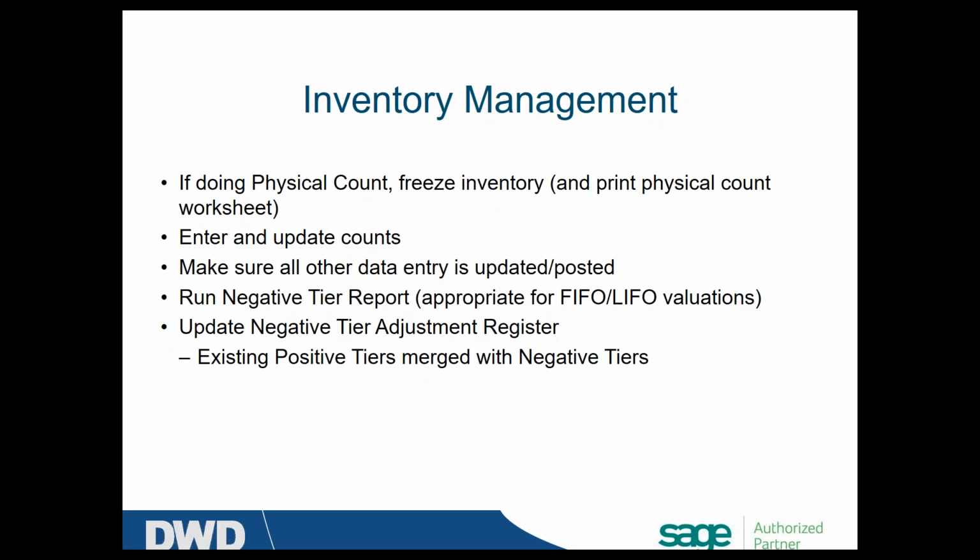If you're using FIFO or LIFO valued inventory, you would want to run the negative tier report. This looks at your cost layers, and if for some reason your inventory dipped negative, you will see an over-distributed layer in your inventory. Even though your quantity on hand might show 0, if you look at your cost detail, you might see a negative 10 layer and a positive 10 layer.